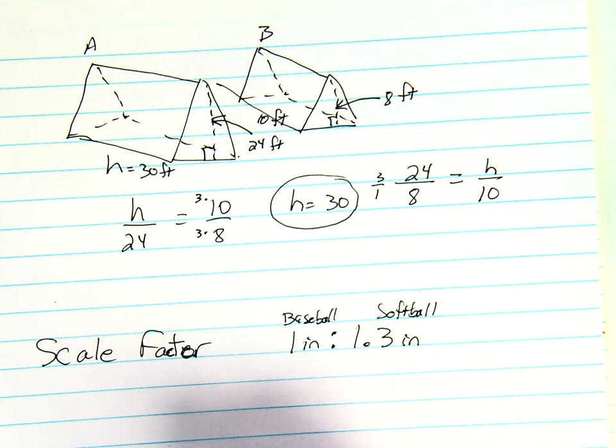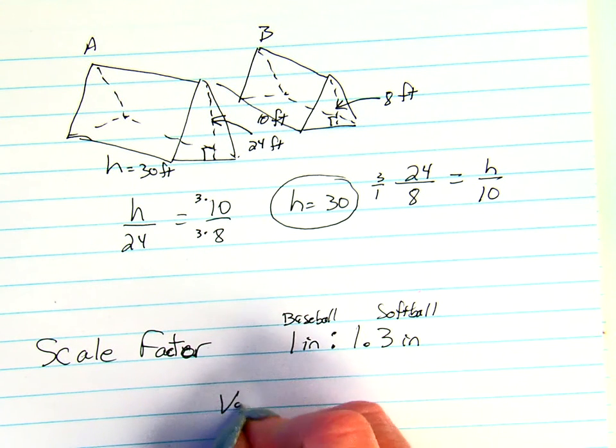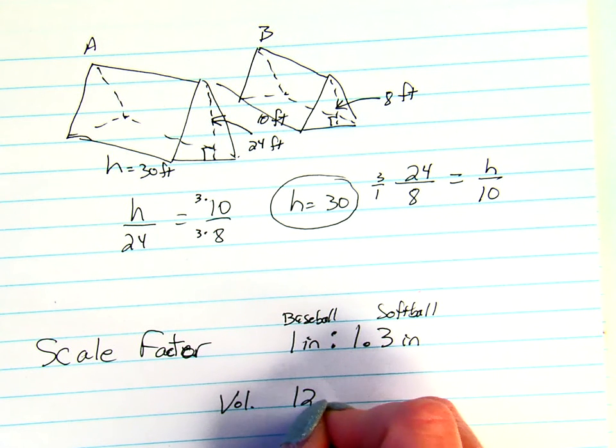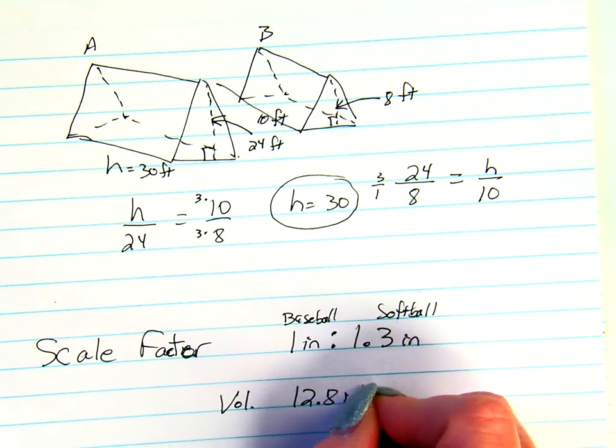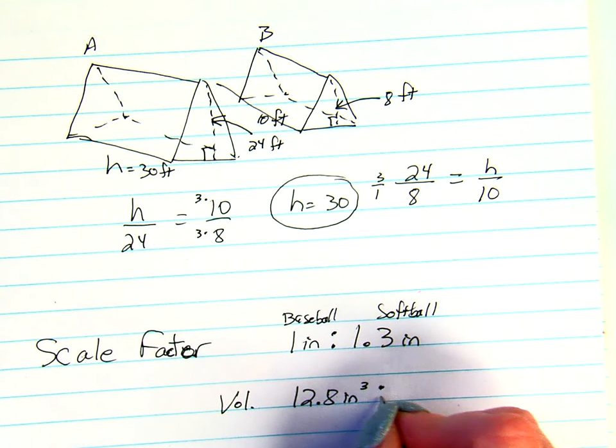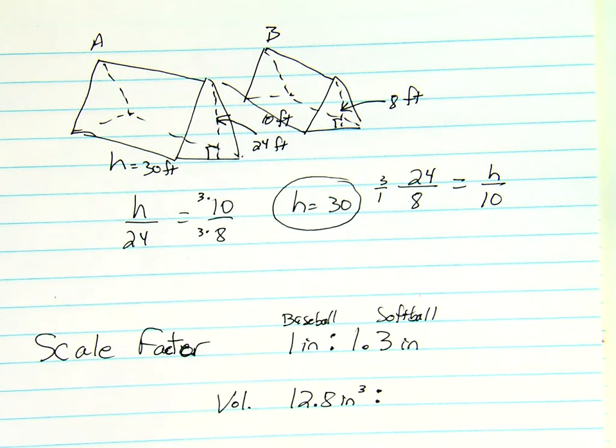And the volume of a baseball is about 12.8 inches cubed. So the volume of a baseball is 12.8 inches cubed, and they are looking for the volume of the softball.